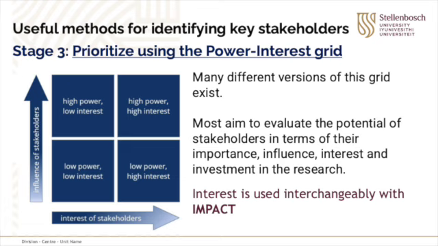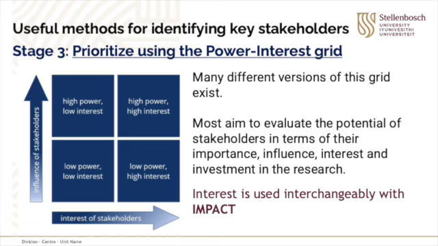So you can use this to visually organize your stakeholders according to their power or influence. And interest is used interchangeably with impact in many of the examples of this grid that you will see online, for example.